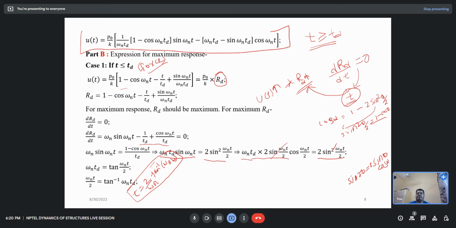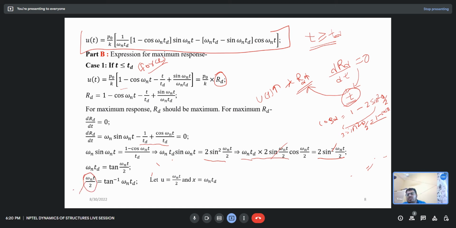Now I will simplify this term so that we can find out the maximum response. For this I am using some trigonometric formulation. Let us consider u equal to omega n t by 2, this term I have considered as u, and this term I have considered as x.